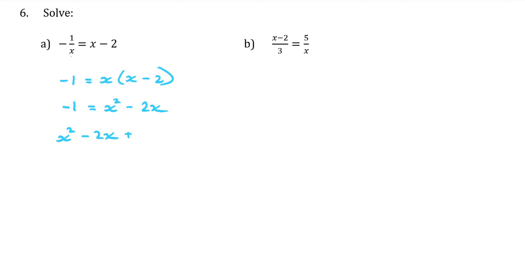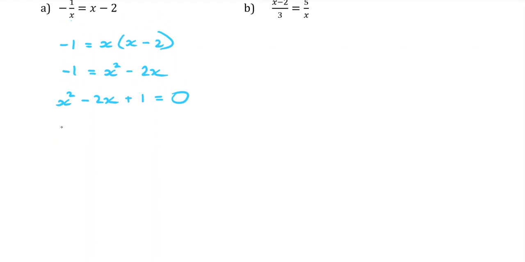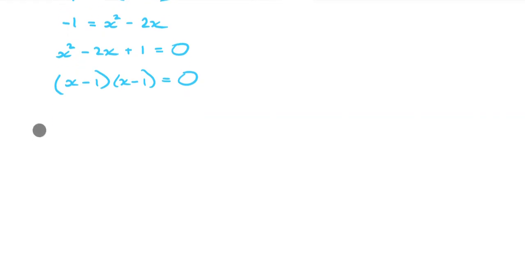I move the -1 over to become a +1 so that it's all equal to 0. Then I factorise. So what times to give 1 and adds to give -2 would be -1 and -1. Now that is x minus 1 all squared. But because the bracket is the same, we're only going to get one solution, which is that x is equal to +1.